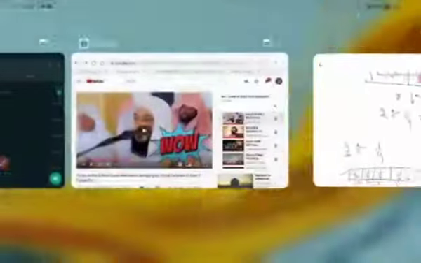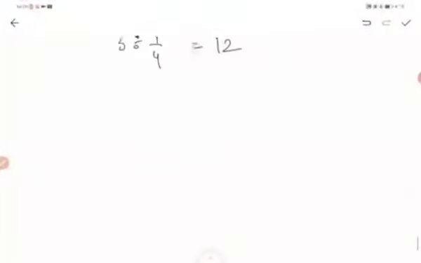Now let me show you direct simplification. You have 2 divided by 1 by 4. What does this mean? Here is the rule: you first convert this into multiplication, like how we converted subtraction into addition using the additive inverse.